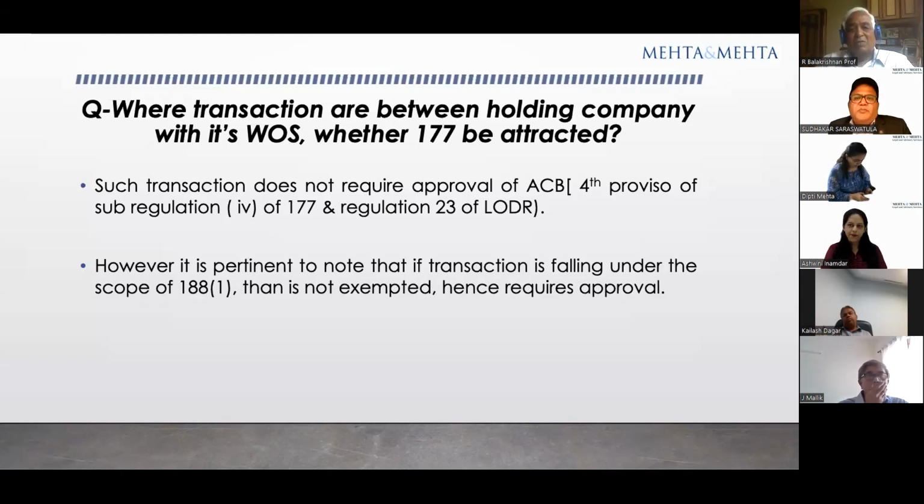It is not so. Unlike section 135, corporate social responsibility, where there is a clear-cut provision in the section itself that in case there is no CSR committee under 135(9), the responsibilities of the CSR committee are to be discharged by the board of the company, a similar provision is not there in 177 or 188.